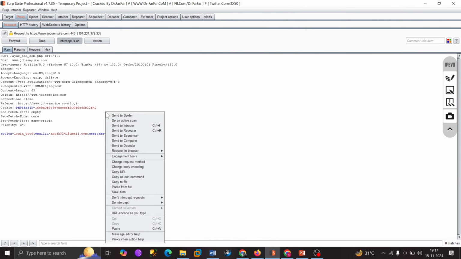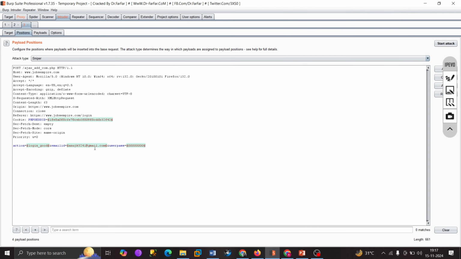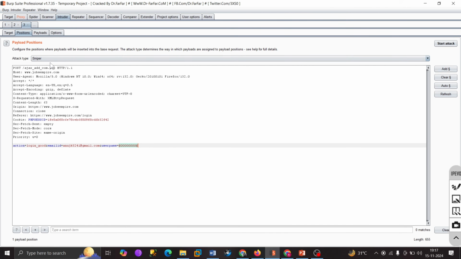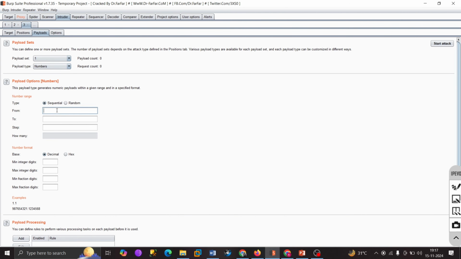I intercept the data and send it to the intruder. We got it. What I'm going to do is clear this. Then we have this username, right? Password. I add it. Then I'm going to send it to a payload, number.